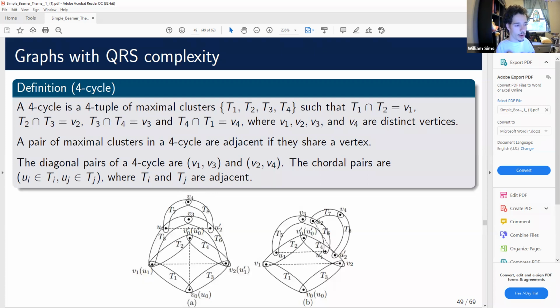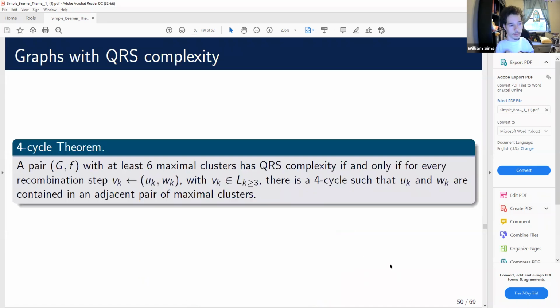So we want to make sure that V4, its base pair, which is U2 and U2 prime, is contained in an adjacent pair of clusters in a 4 cycle. So T5 and T6, T2 and T4 form a 4 cycle, and the base pair come from an adjacent pair of maximal clusters in this 4 cycle, T5 and T6. Okay, so that's going to be our characterization. So let me know if this statement isn't clear, because now we're going to go ahead and prove it.